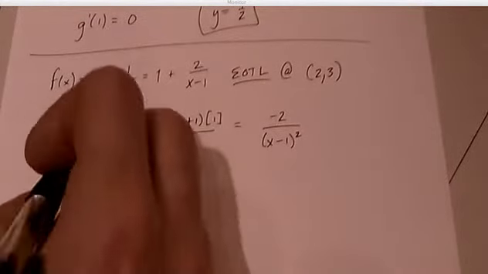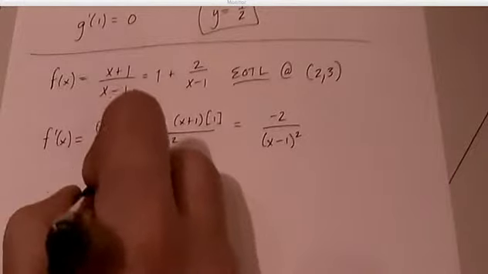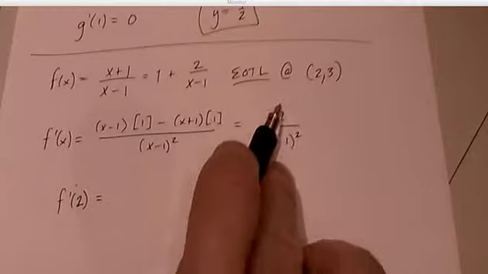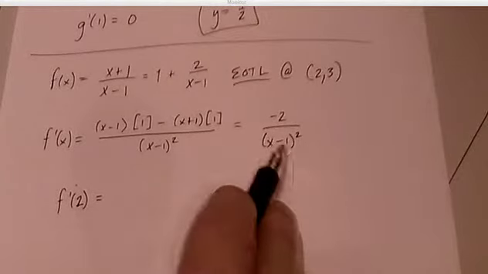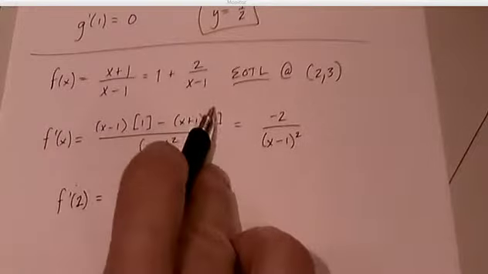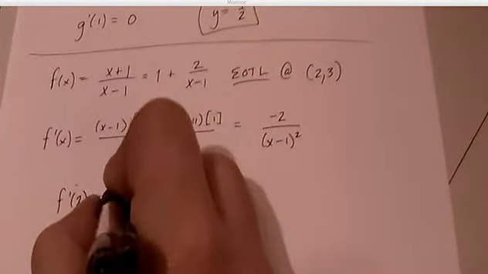Now, I have this function, and in order to find the tangent line, I need to evaluate this derivative function at that x value, right? Because this derivative function describes the slope of this original function at all x values, including the x value of 2.